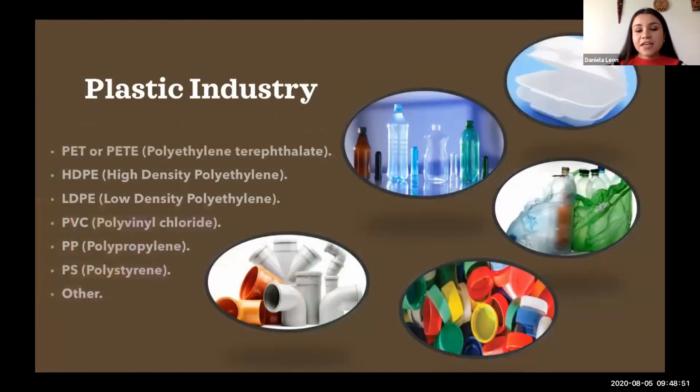In the plastic industry, there are 6 common types of resins, with a 7th one which is classified as other. The common types of plastics are polyethylene terephthalate, really common in plastic bottles; high-density polyethylene; low-density polyethylene; polyvinyl chloride, which is really common in tubes; polypropylene; and polystyrene, which is really common in food containers.